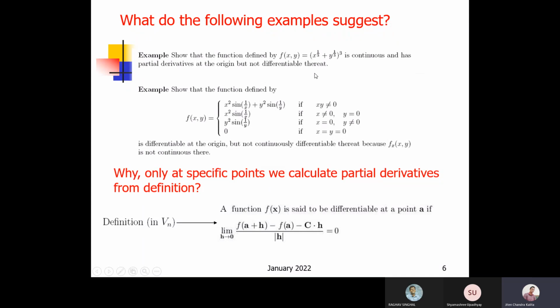Sorry, that is not a prerequisite. There is a theorem, I'm not going to prove it: if a function is continuously differentiable, it is differentiable. But the converse is not necessarily true, and that is going to be exemplified by this particular example.